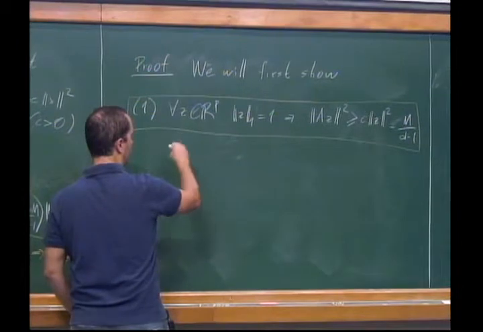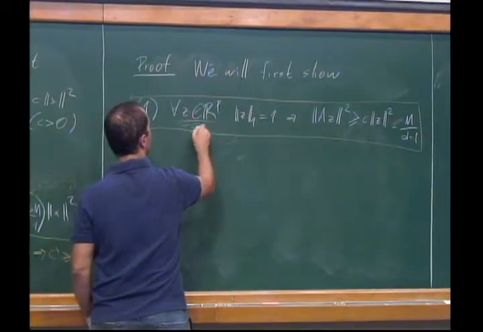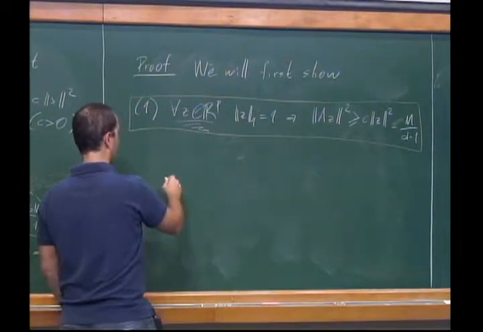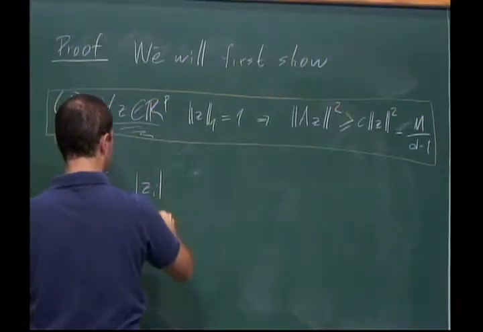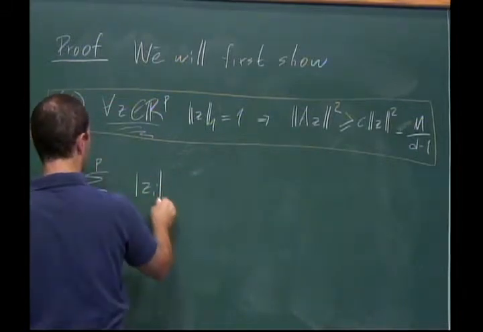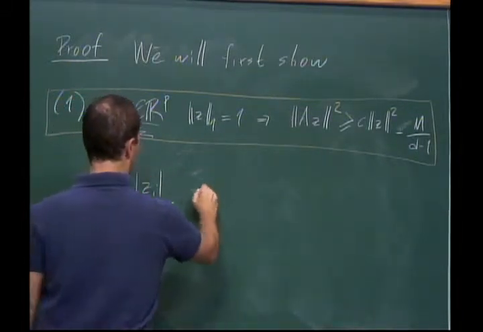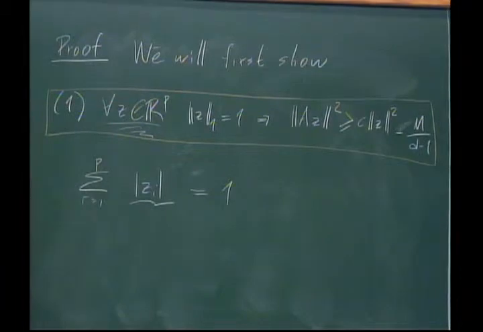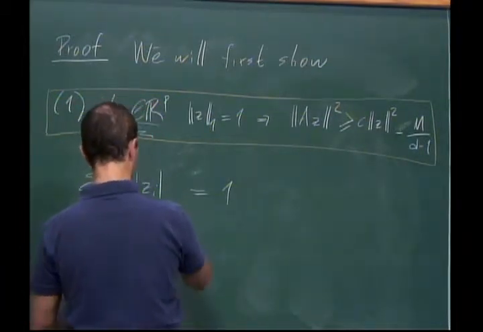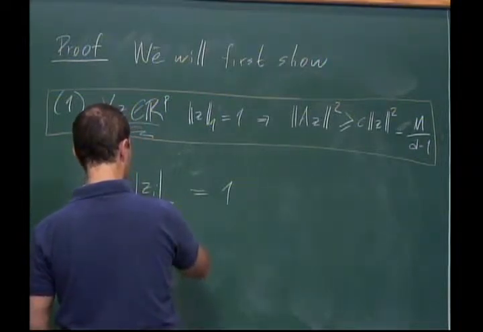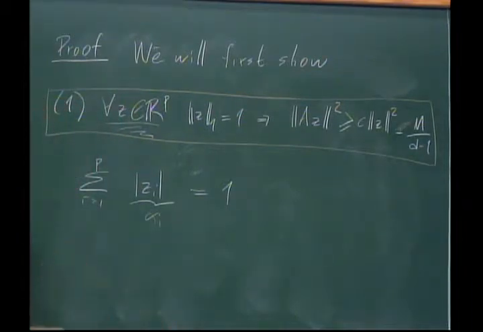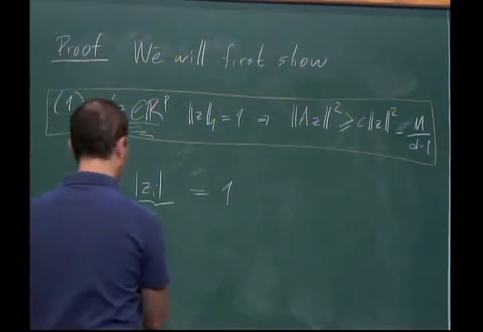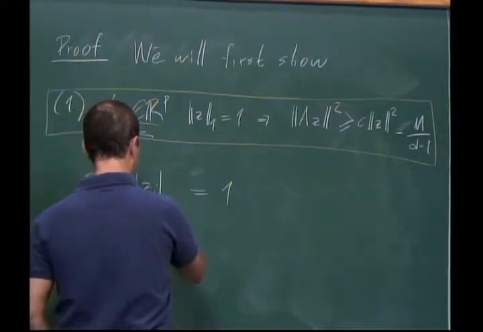So let's fix some z. What we know about z is that the absolute values of its coordinates sum to 1. This is just the fact that it has L1 norm 1. I'm going to call these numbers p_i, because that's what I called them in the notes.